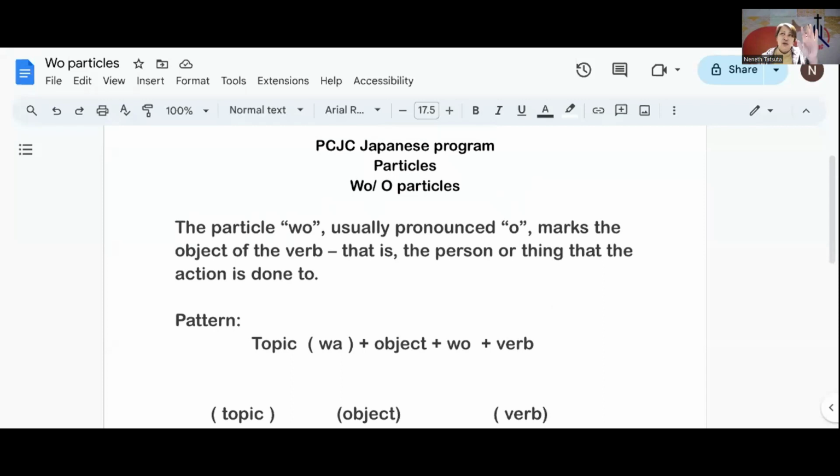For example, we did the wa first. The next is the no. The third one for the particles is the wo.